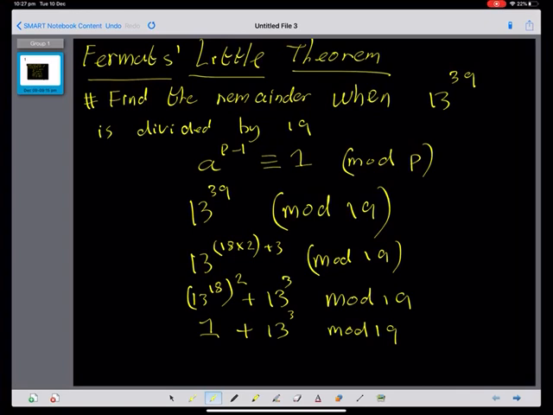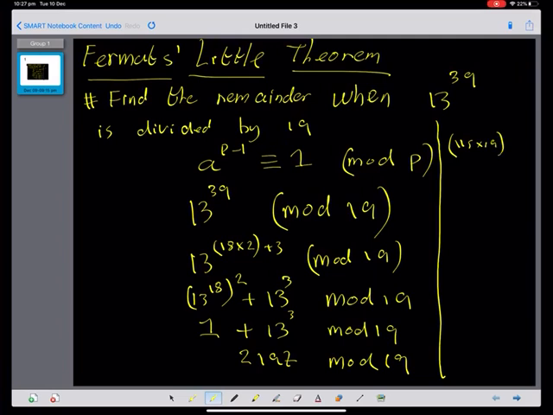Well, 13 cubed is 2,197. If we divide 2,197 by 19, we get 115 times 19 plus 12, and we're still in mod 19. Anything multiplied by 19 in mod 19 is just 0. So we are left with 12 mod 19.